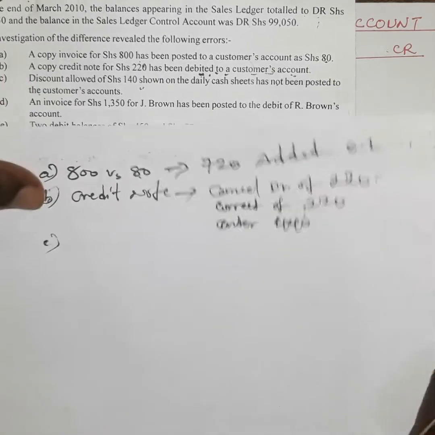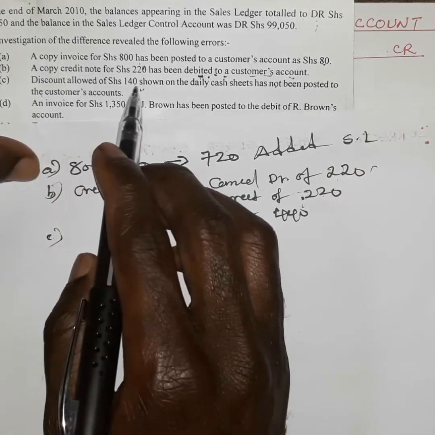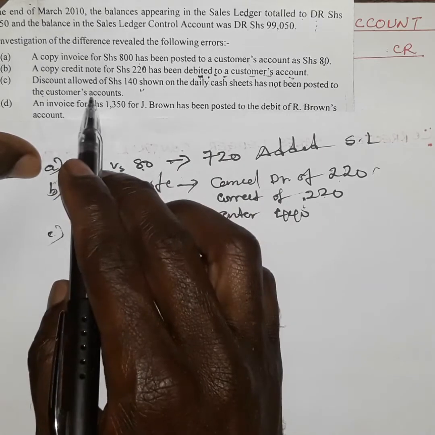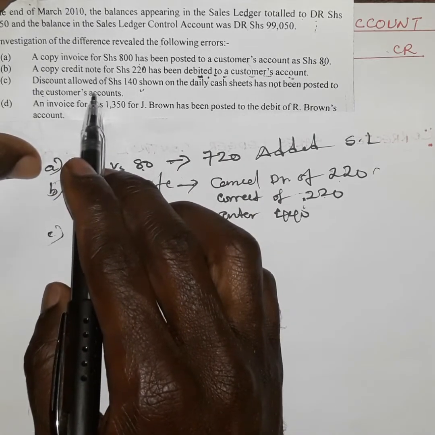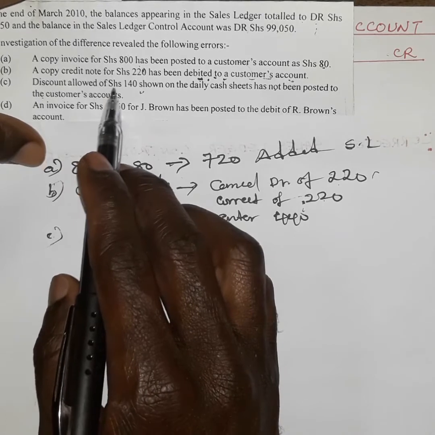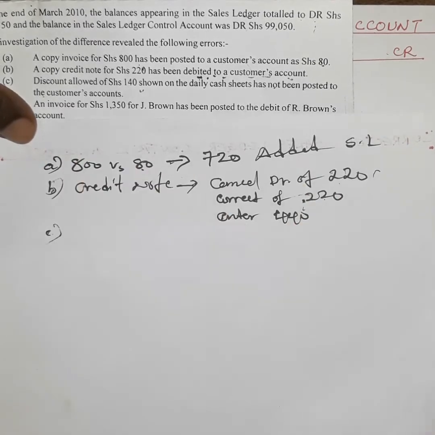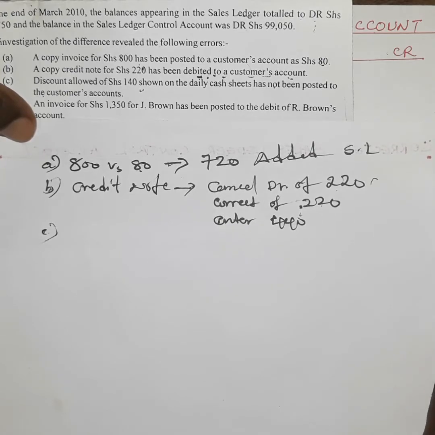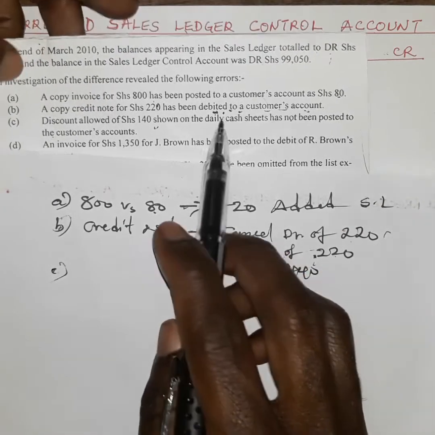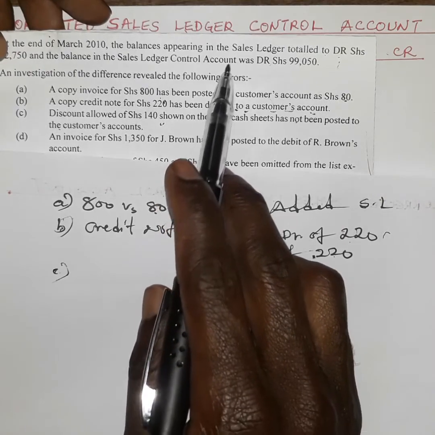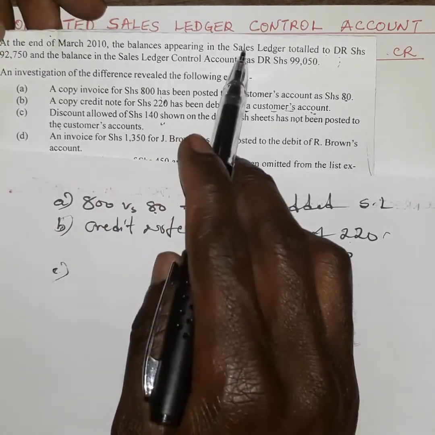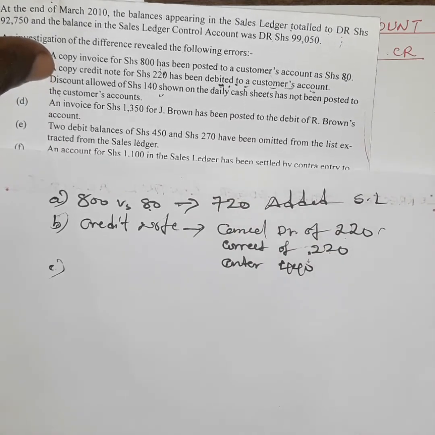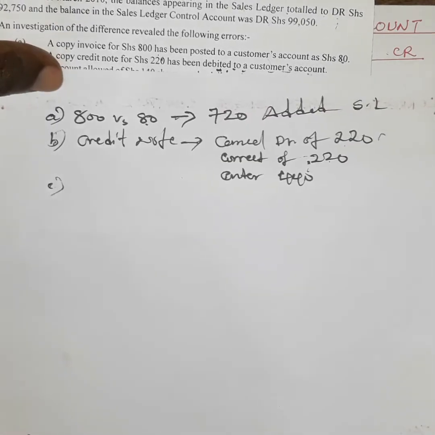So C says, a discount allowed of 140 shillings shown on the daily cash sheet has not been posted to the customer's account. Again, discount allowed actually reduces what customers are supposed to pay, and it was not shown. And in fact, that is why the balance in this particular sales ledger account is still high.